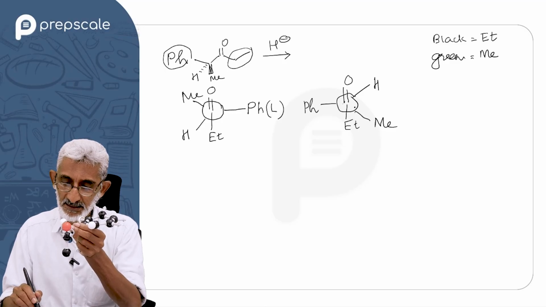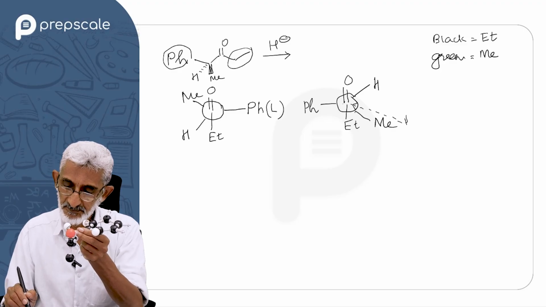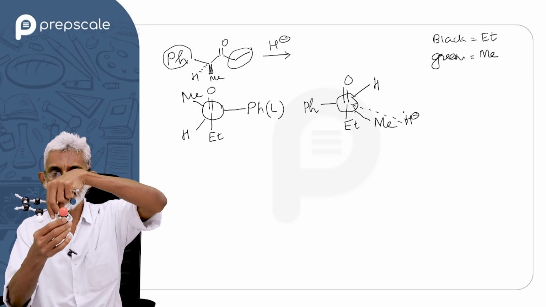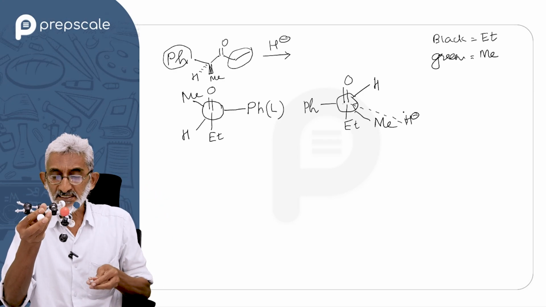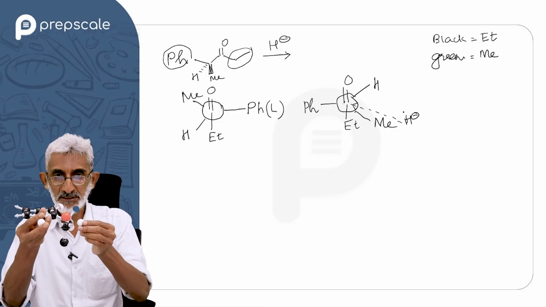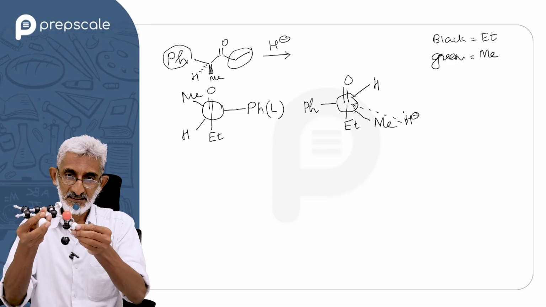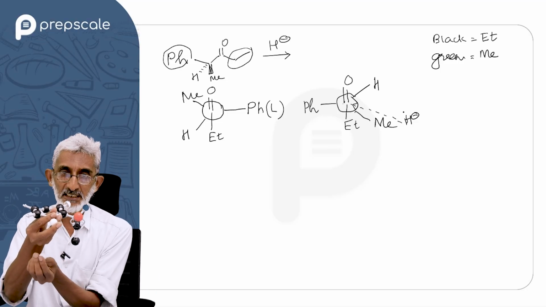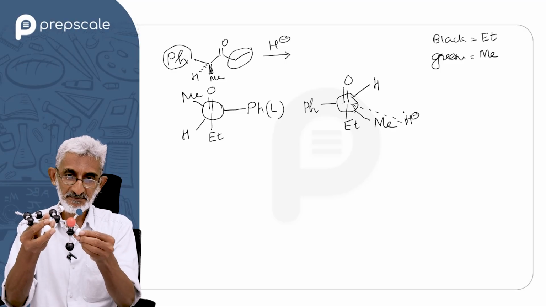So, my H minus should attack from here. Now, suppose I have this conformation. Now the Dunitz angle is along this. See here. This is the angle at which, see, this side is free. It cannot attack from here because of the phenyl ring. So this comes and attacks here.